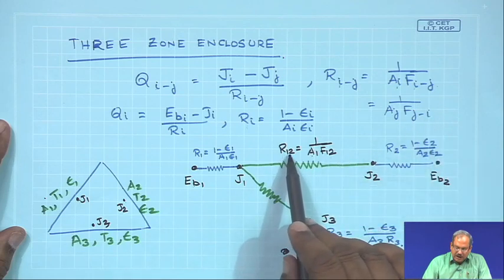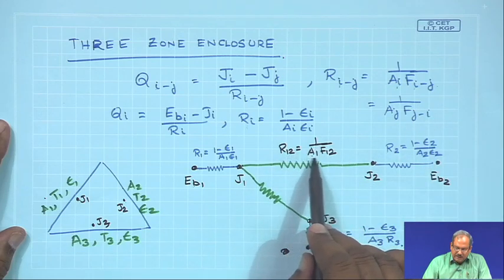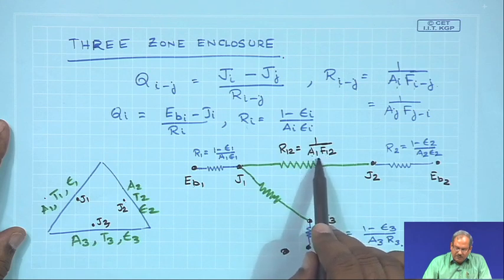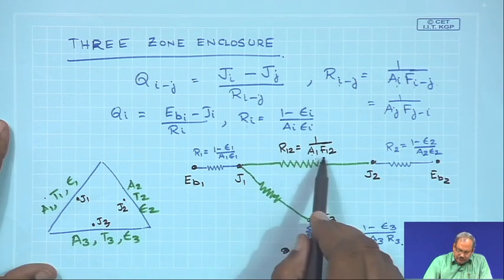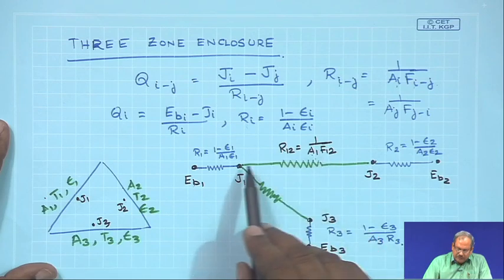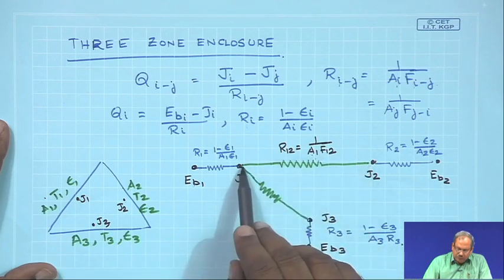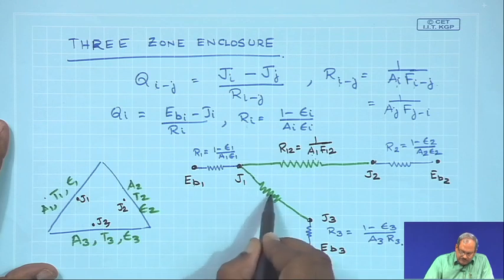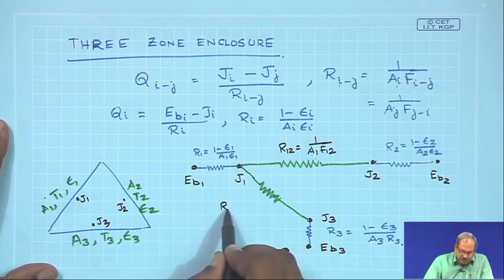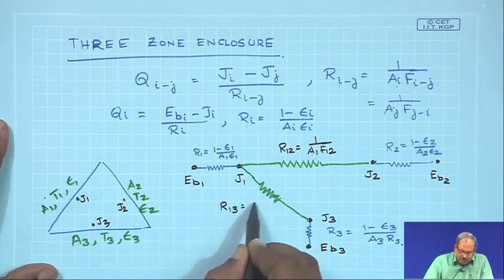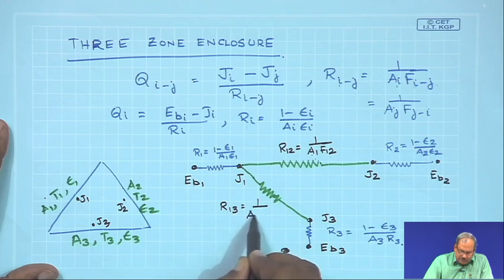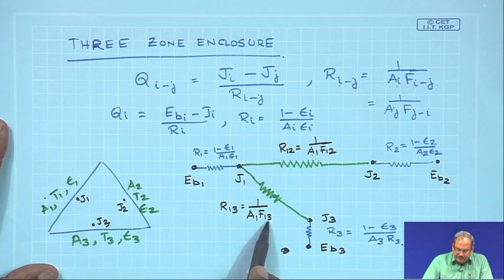So, whether R12 is expressed as 1 by A1 F12 or 1 by A2 F21, they mean the same thing, where F12 is the view factor of 2 from 1. In this case, this resistance is going to be R13, which would be equal to 1 by A1 F13, and as I said, this can also be written as 1 by A3 F31.